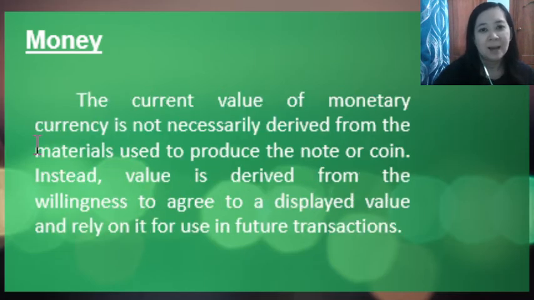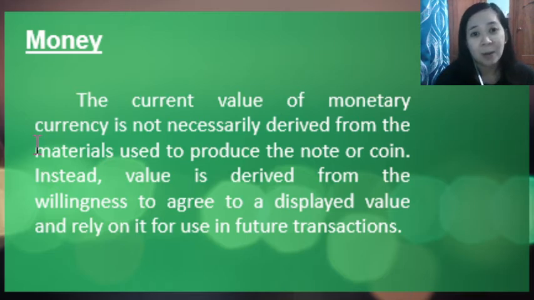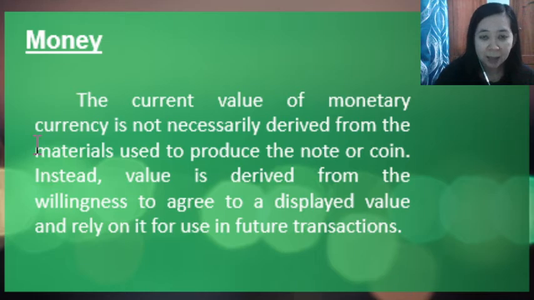The current value of monetary currency is not necessarily derived from the materials used to produce the note or coin. Unlike commodities or goods, where we price or value the goods or services based on the inputs, or the cost of goods sold or cost of goods manufactured, this is not true for our money.